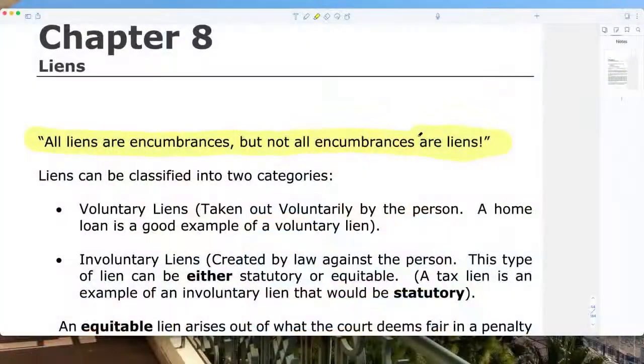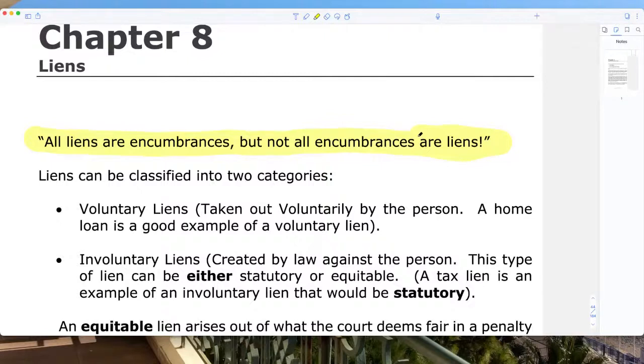You may have other types of encumbrances associated with the real estate, and they're not always bad. So think about that phrase again: all liens are encumbrances, but not all encumbrances are liens.